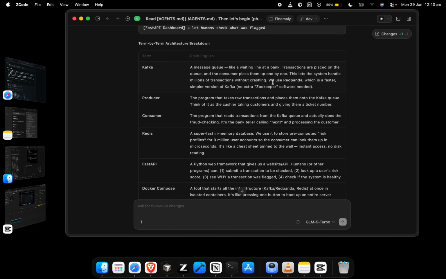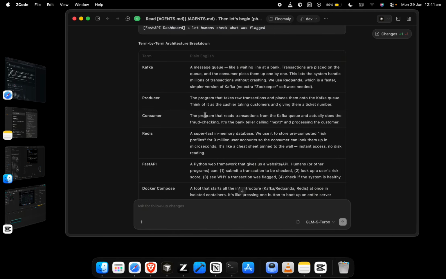We use Redpanda, which is a faster, simpler version of Kafka. No extra ZooKeeper software needed. The producer is a program that takes the raw transactions and places them onto the Kafka queue. Think of it as the cashier taking customers and giving them a ticket number.